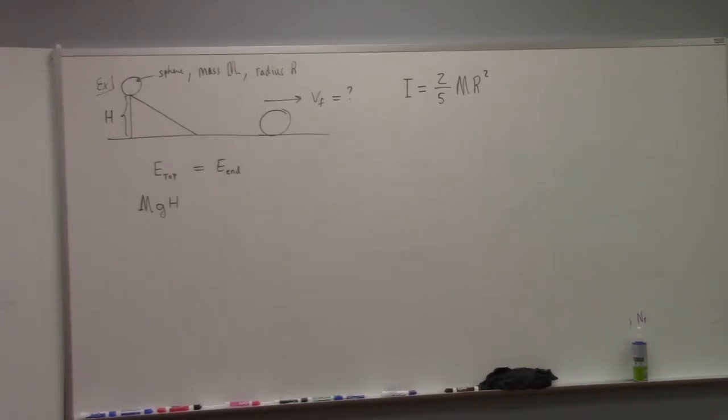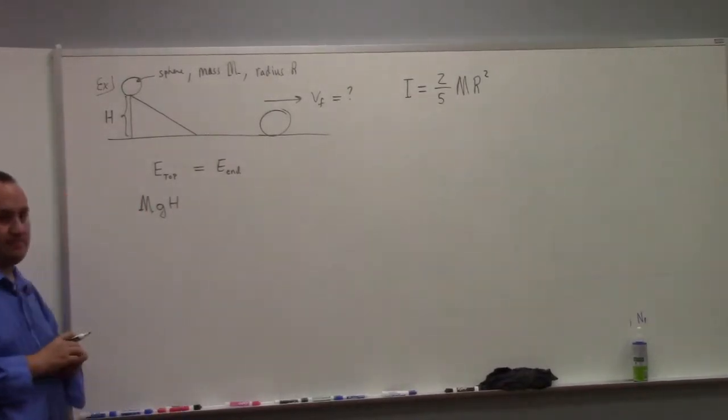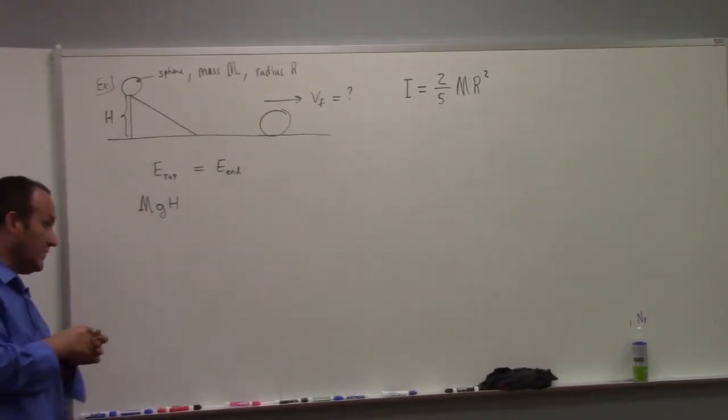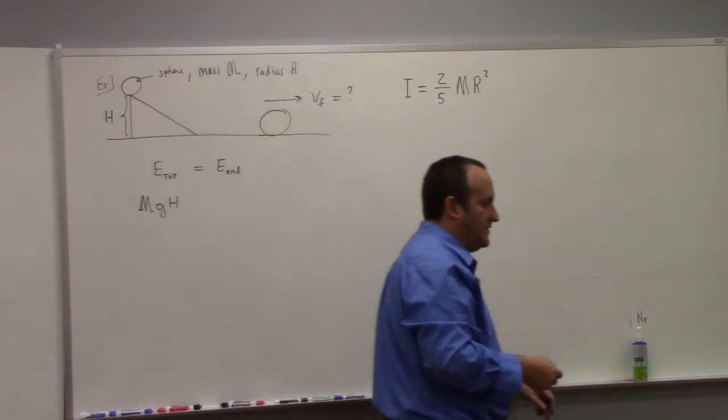But how about at the end? What kind of energy do we have at the end? I mean, we have kinetic energy, right? But what kind of kinetic energy? Well, I was trying to illustrate with my silly marker throw earlier that kinetic energy comes in two flavors.